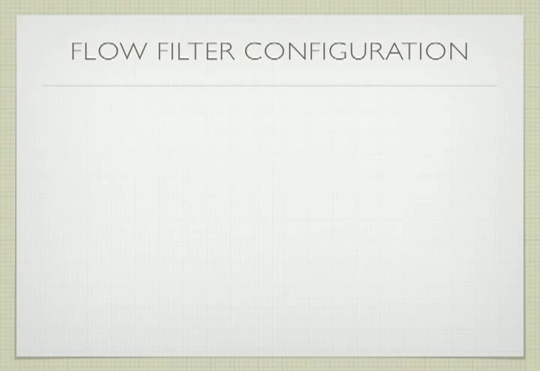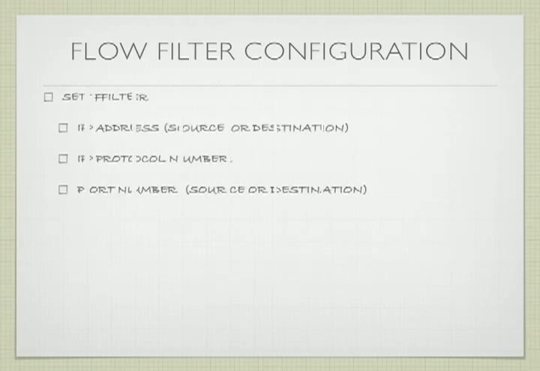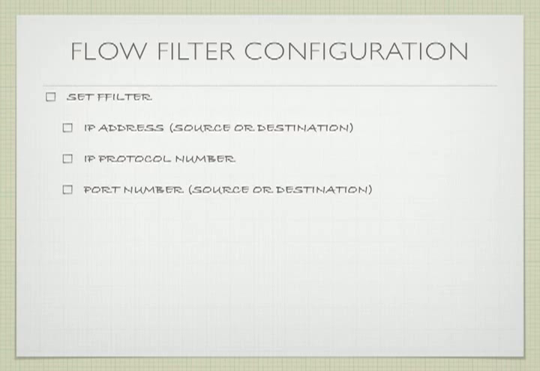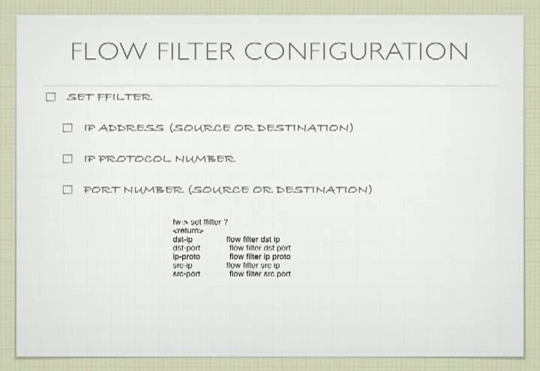The way we capture traffic into this is by using a flow filter. The flow filters allow you to set IP addresses, protocol numbers, or port numbers, either source or destination, or using AND to capture information. The command for doing this on the command line is set ff, for flow filter.